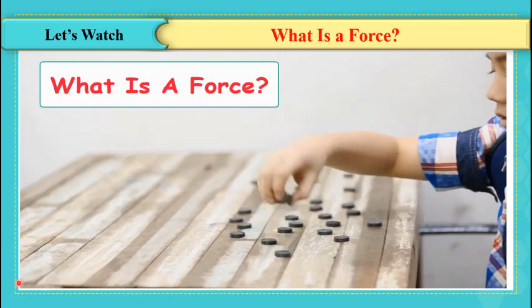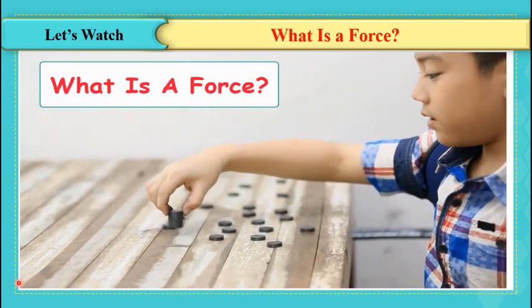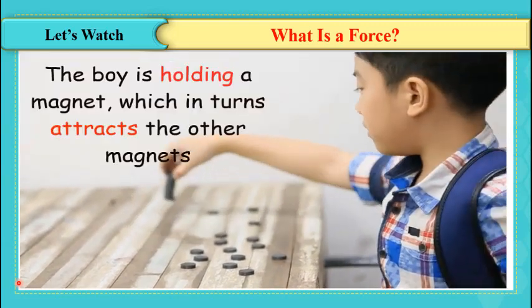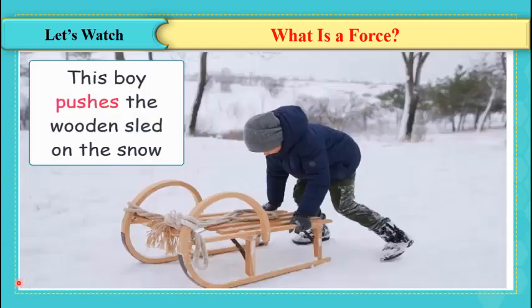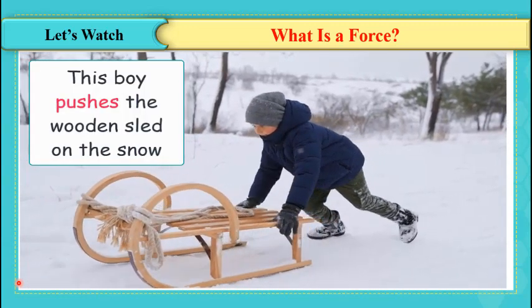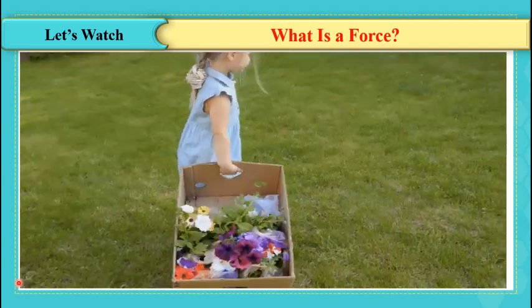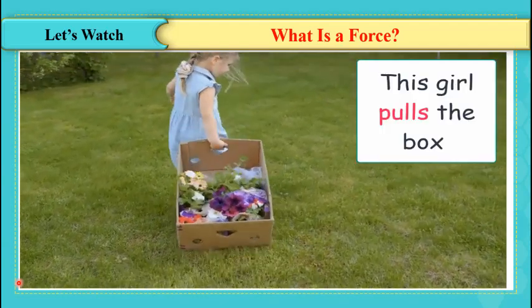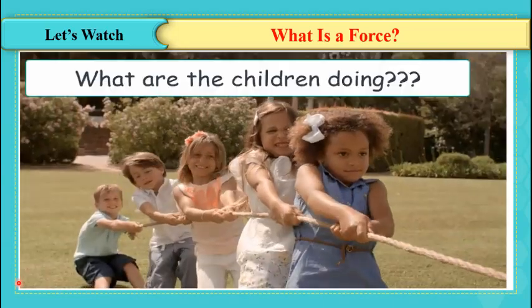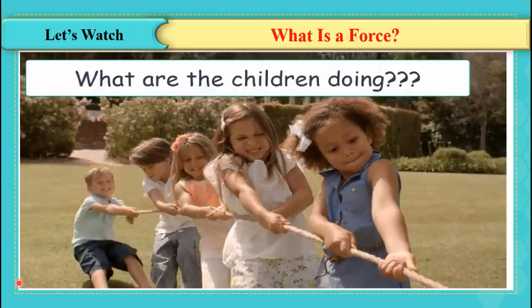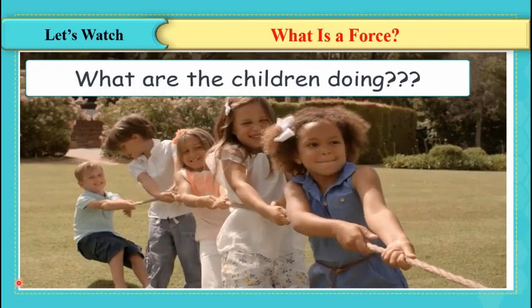What is a force? The boy in the video is holding a magnet, which in turn attracts the other magnets. This boy pushes the wooden sled on the snow. This girl pulls the box. What about these children? What are they doing? They are pulling a rope.